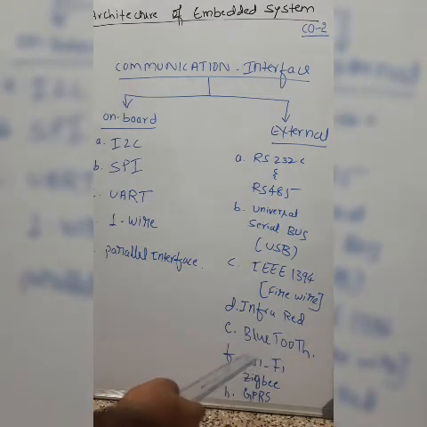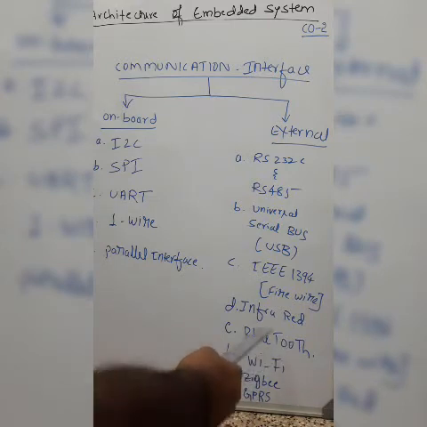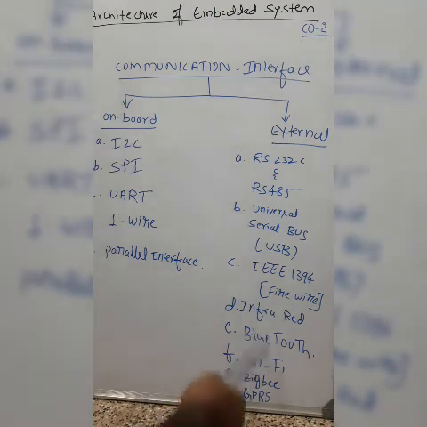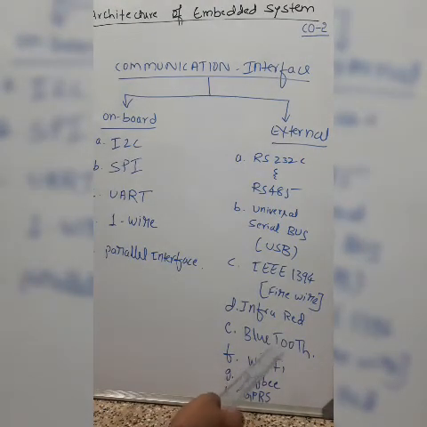Coming to the Bluetooth, it is also a low cost, low power, short range wireless communication. Infrared was also wireless, and Bluetooth; all five of them remaining in this category are wireless communication. Bluetooth is short range wireless.